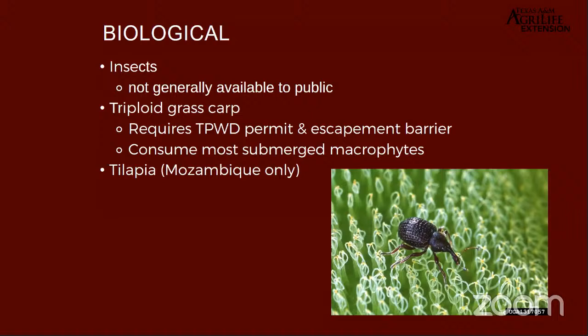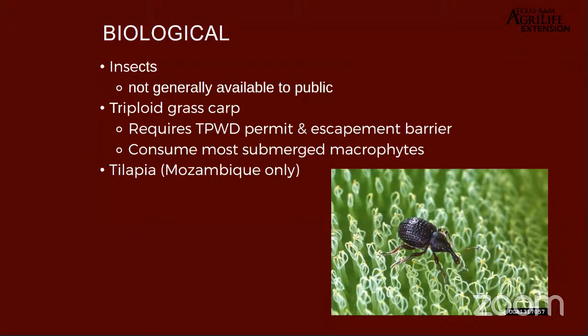Or you might think of some of our herbivorous fish. The insects that I mentioned, and a lot of the others that you will find mentioned on the internet, are not typically produced on a commercial scale. So usually they're not readily available to the public, and you might have a hard time finding these. And so typically, again, they're not going to be an option.